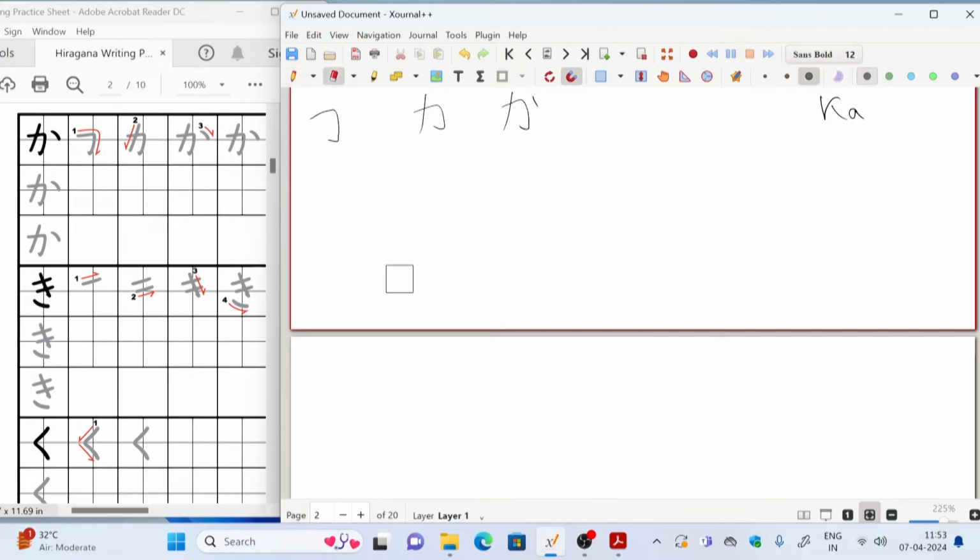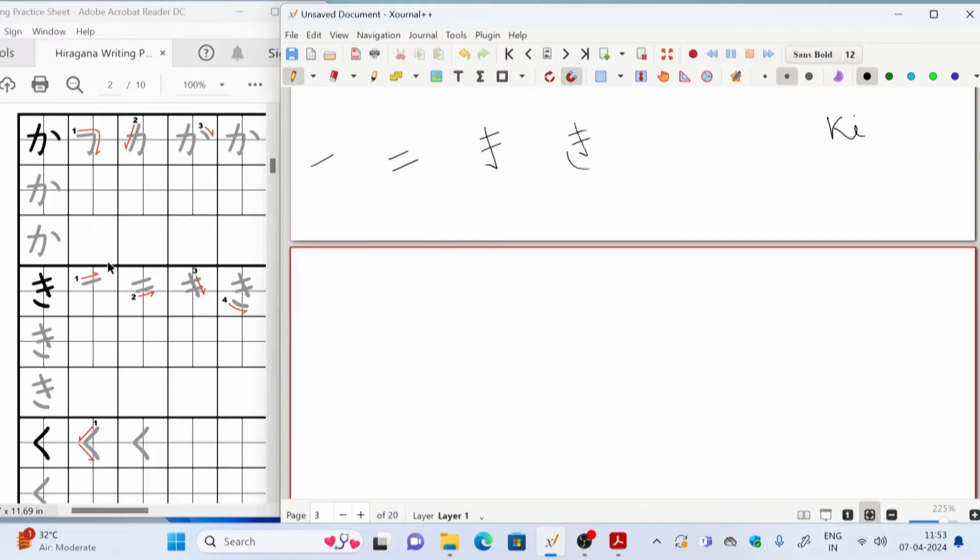So first stroke, second stroke, and third stroke. First, second, third, and fourth. This is Ki.